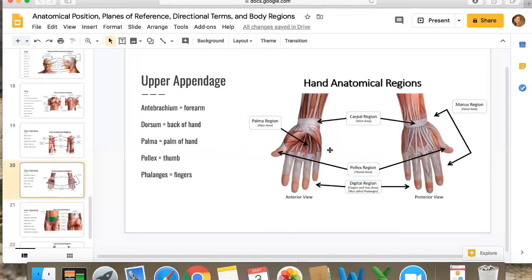The palma or palmar surface, which is the palm of the hand. Pollex is the thumb. And the phalanges are the fingers, also known as the digits. And then another couple of good ones to know are the carpal region, which is the wrist, carpus. And then the manus is just referring to the hand as a whole.